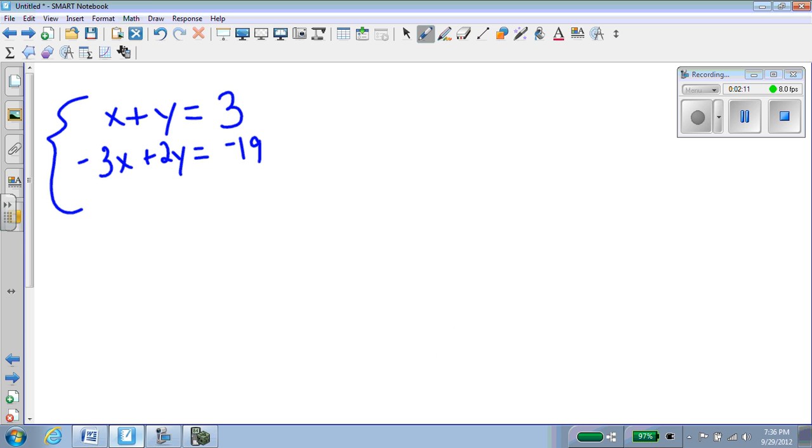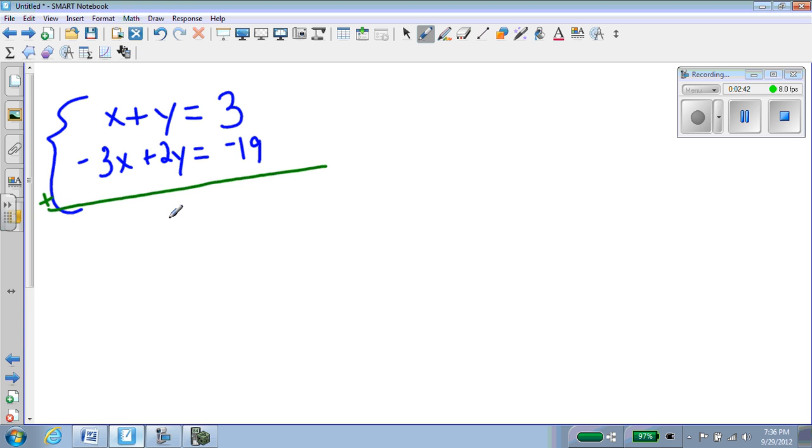Let's try this again. Okay, so I've got my x's, my y's, my equal signs, my numbers. Life is good, but if I drew a line and said add, my x's would not eliminate, and my y's would not eliminate. There is a way around this, though, because we can multiply or divide an entire equation by something.